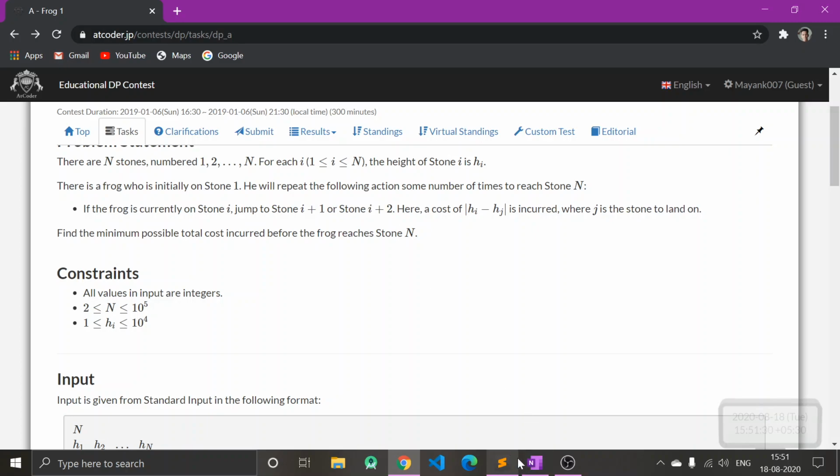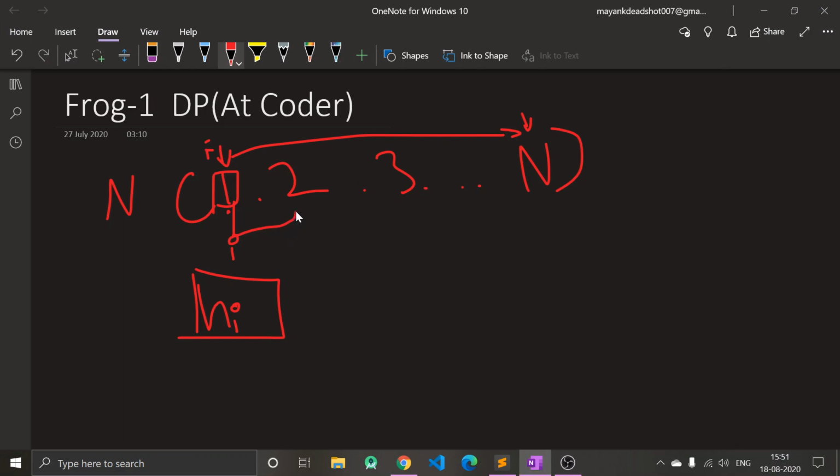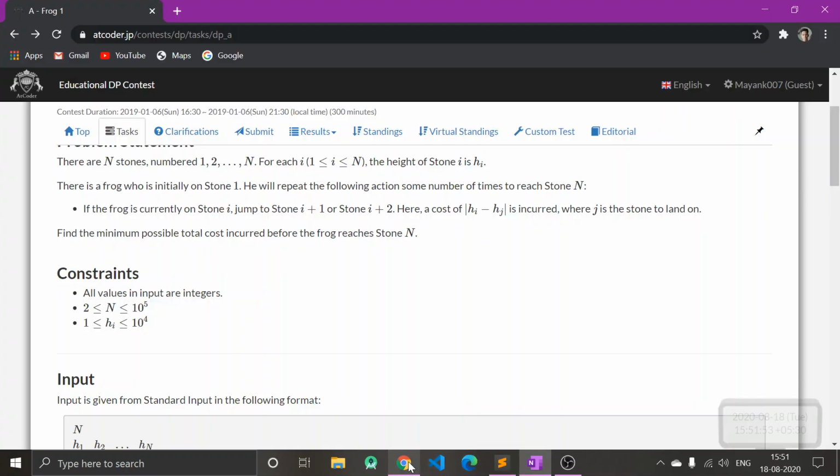Either he can jump to the 2nd stone, or he can jump to the 3rd stone if he is on the 1st stone. If he is on the 2nd stone, then he can jump to the 3rd stone or the 4th stone. That is the condition of this question.